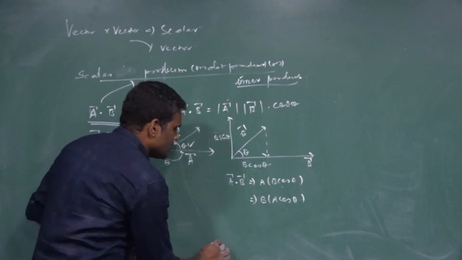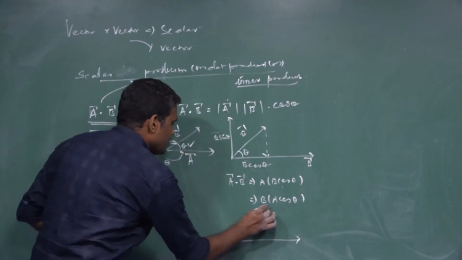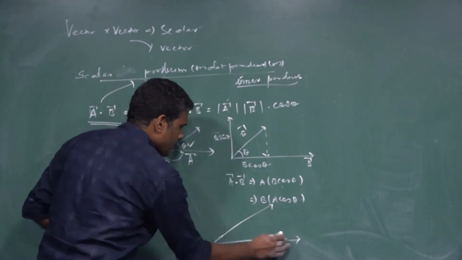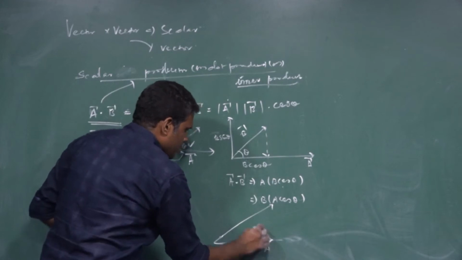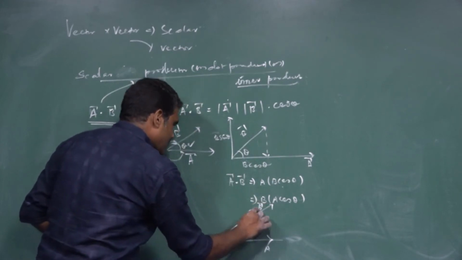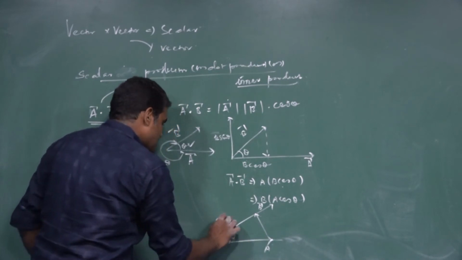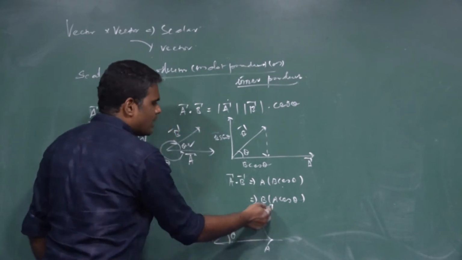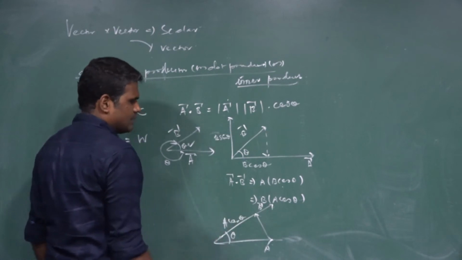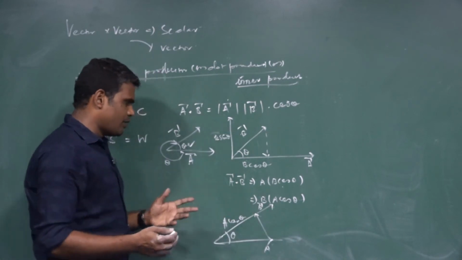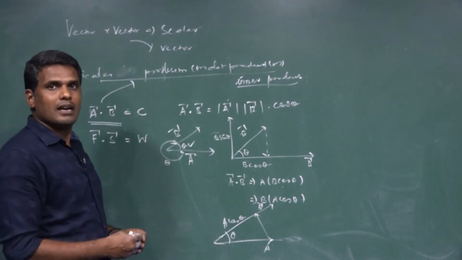Or otherwise, if A vector and B vector are taken, and a perpendicular or a component is resolved for A vector, then we can say this is A cos theta, so we can represent B into A cos theta. So, three different ways by which we can define a scalar dot product.